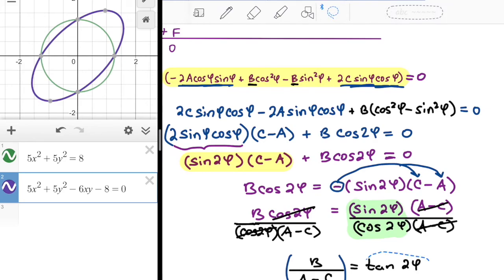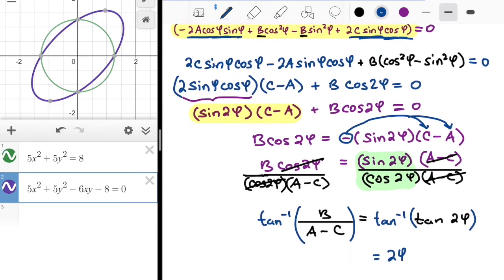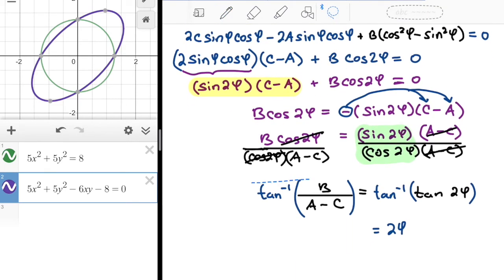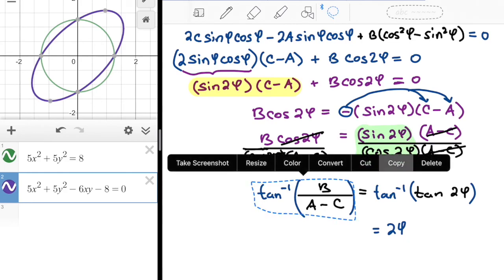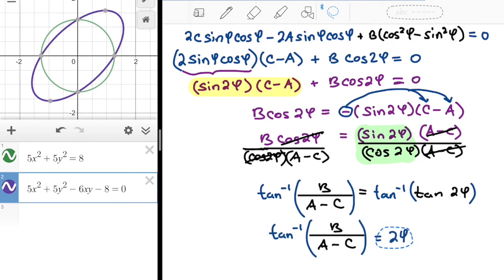But if I find the inverse tan of both sides, I get 2 phi equal to inverse tan of B over A minus C, which allows me to solve for the angle of rotation by dividing both sides by 2, multiplying both sides by 1/2.